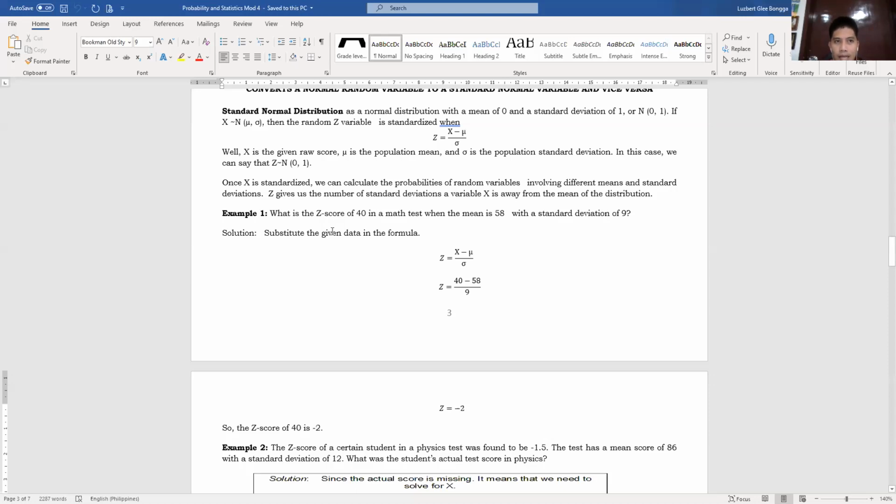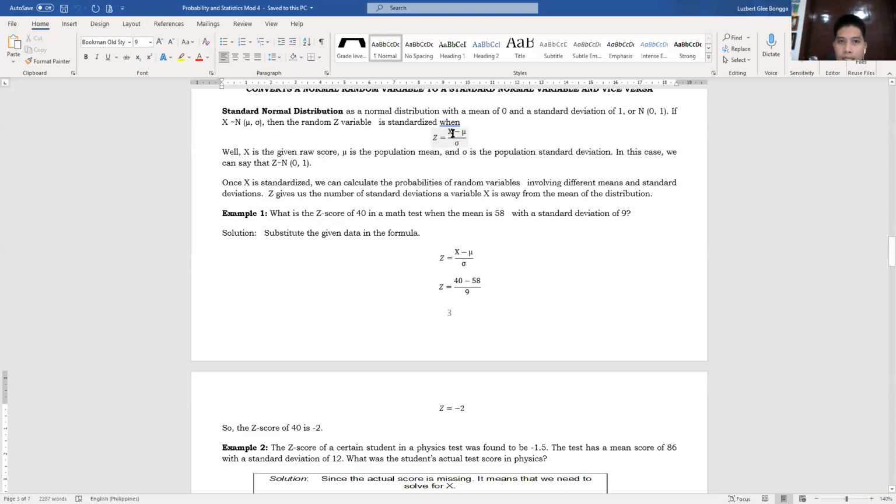Now, we will discuss how to find the standard normal distribution, or how to standardize a random variable. The formula is z equal to x minus mu divided by sigma.